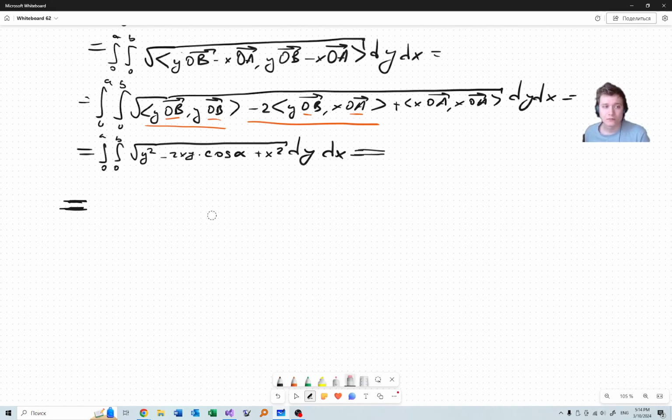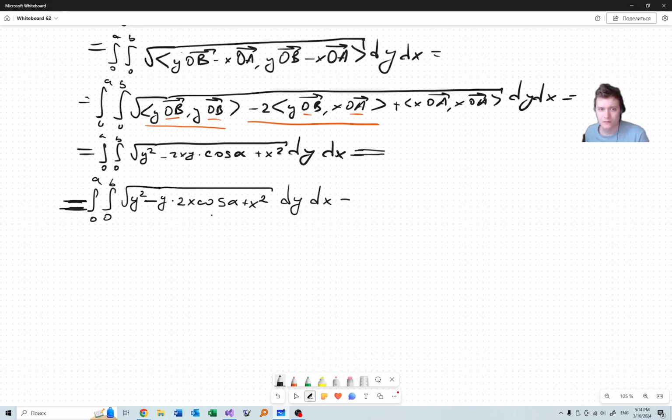Okay, for now, let's try and fix x, for example. Yeah, let's fix x. For a fixed x, it is a square root of a quadratic polynomial. Okay, how to calculate it?